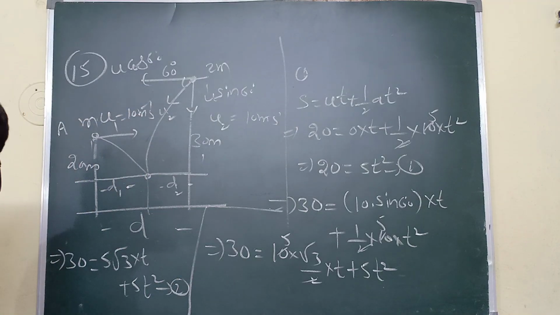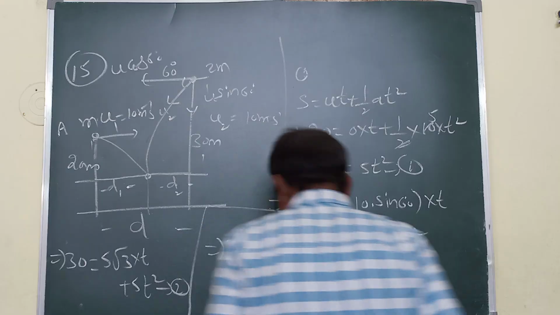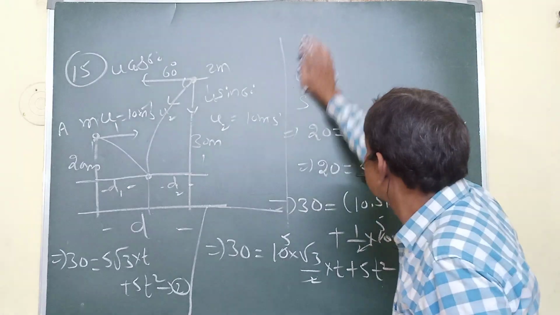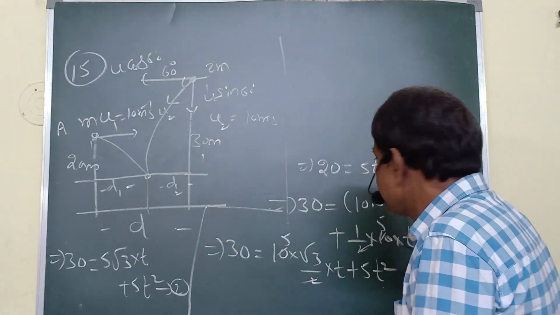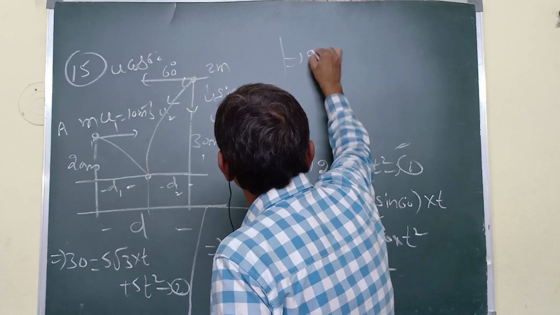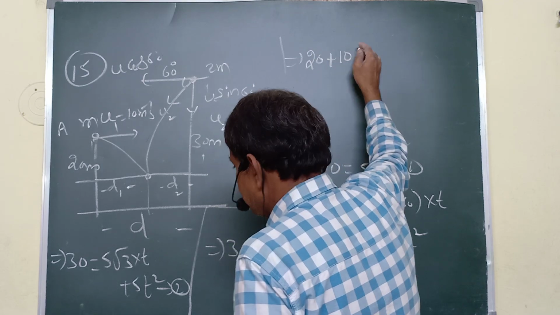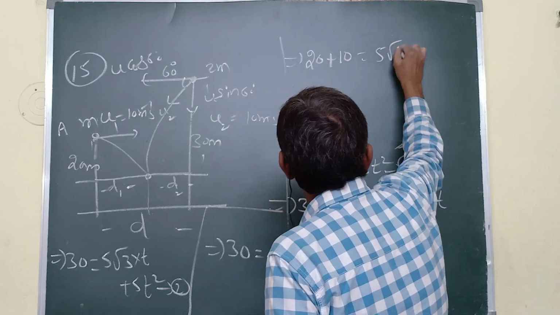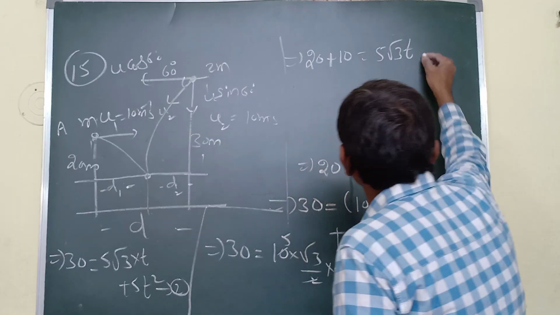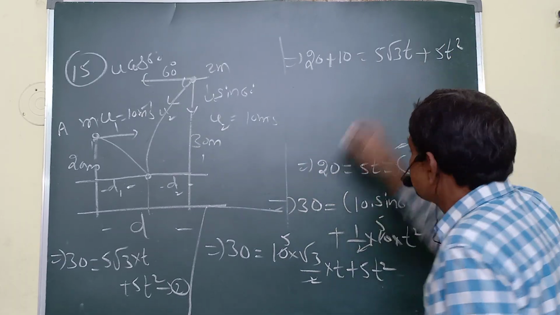Now I write 20 plus 10, because in the 20 case we have 5t square. So 30, which is 20 plus 10, equals 5 root 3 t plus 5t square.